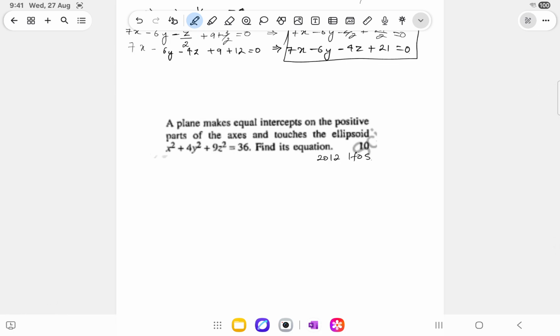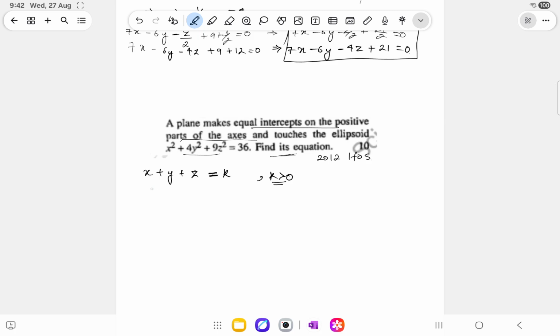The next question says that a plane makes equal intercepts on the positive part of the axes and touches the ellipsoid; find its equation. Any plane making equal intercepts with the positive part of the axes will be x plus y plus z equals k, and here the value of k is greater than 0 because the plane is making intercepts on the positive part of the axes and not on the negative part.